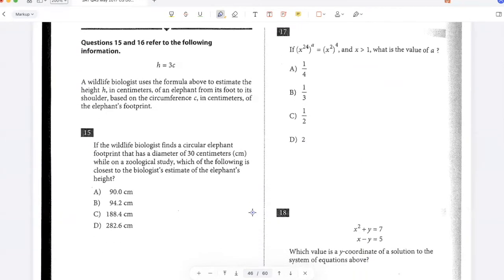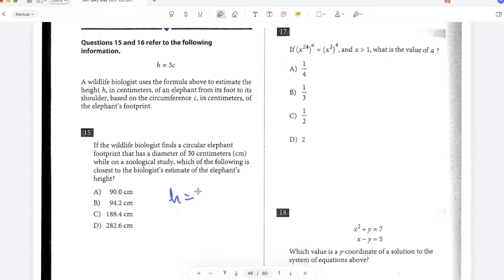Okay, a wildlife biologist uses the formula above to estimate the height in centimeters of an elephant from its foot to its shoulder based on the circumference of the elephant's footprint. If the wildlife biologist finds a circular elephant footprint that has a diameter of 30 centimeters, while on a zoological study, which of the following is closest to the estimate of the elephant's height?